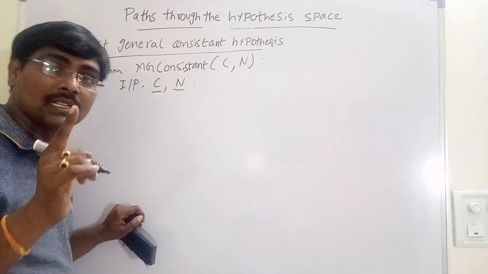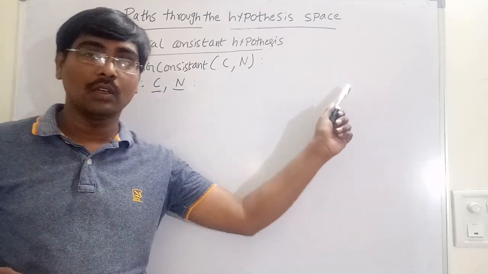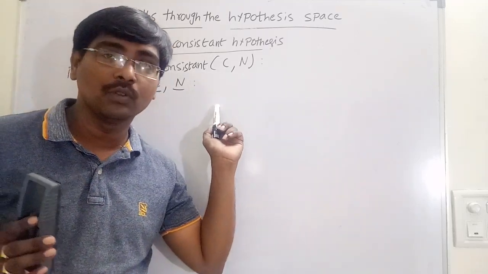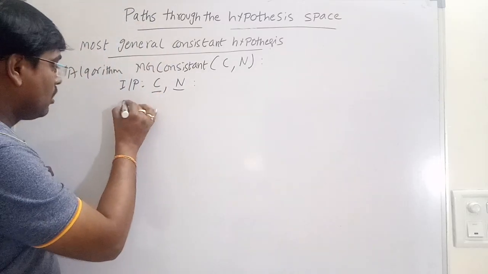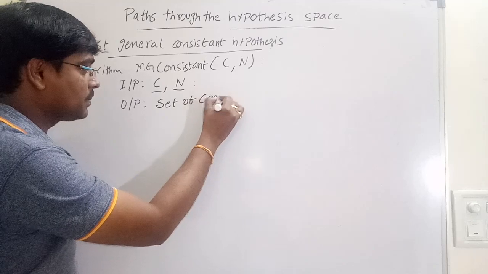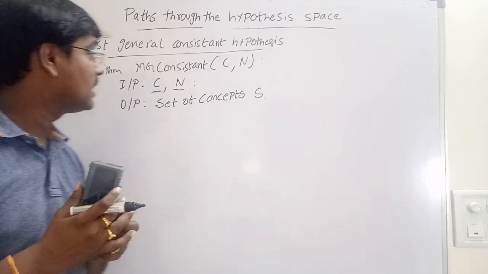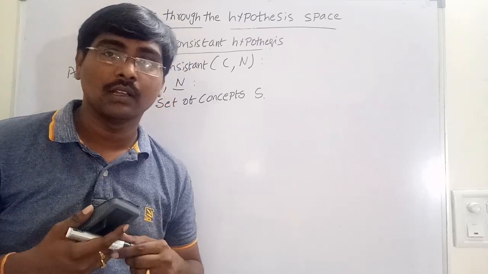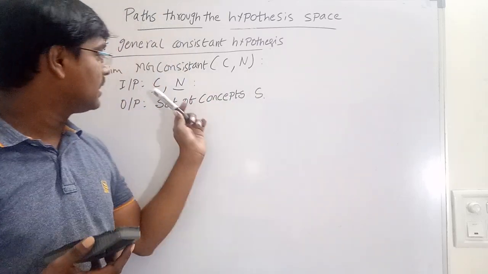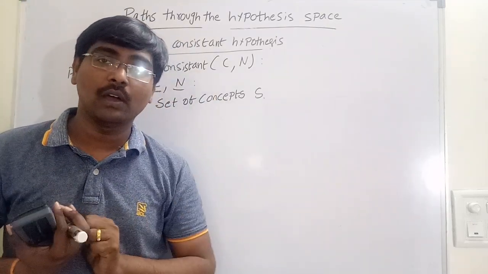N is the set of negative examples. For example, in the question I discussed, we have 5 negative examples, so the 5 negative examples are stored in N. What is the output? Output is the set of concepts. Initially we call this algorithm by considering C equal to true.